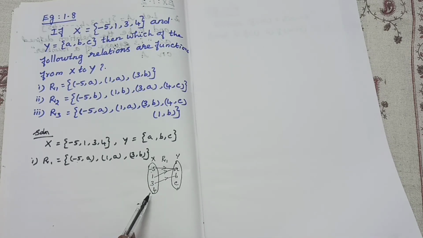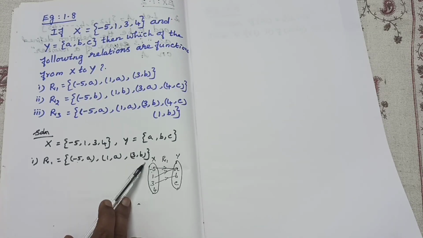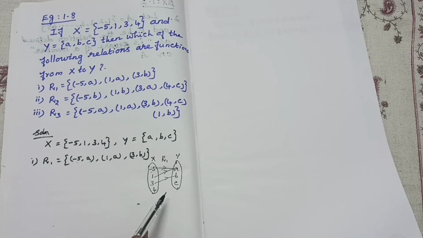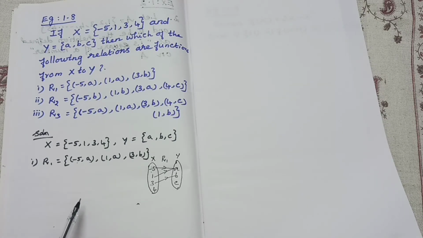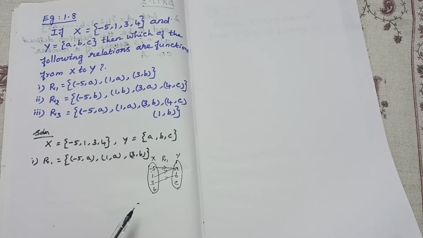Why? Here 4 belongs to X, it does not have an image in C, isn't it? So it is not a function. Which is not a function? R1 is not a function.